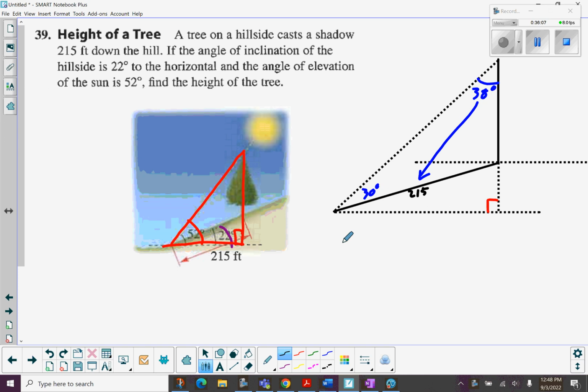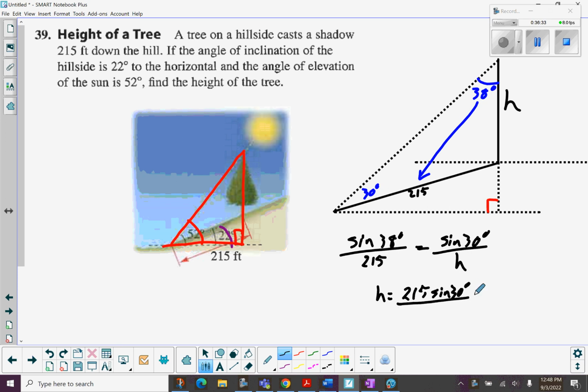So now that we have that, law of sines: sine of 38 degrees divided by the 215 should be equal to the height of the tree opposite the 30. So sine of 30 degrees divided by h. So h is 215 times the sine of 30 degrees divided by the sine of 38 degrees.